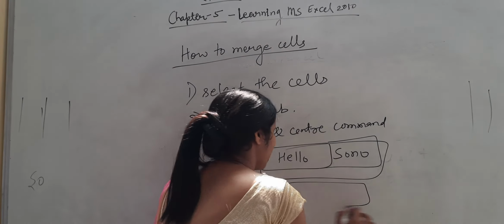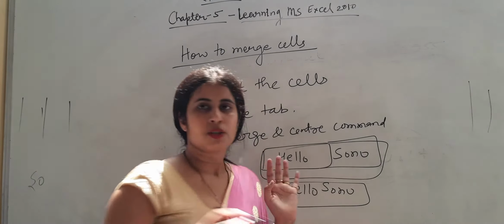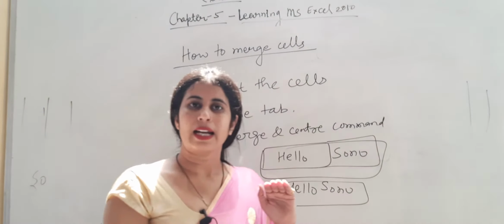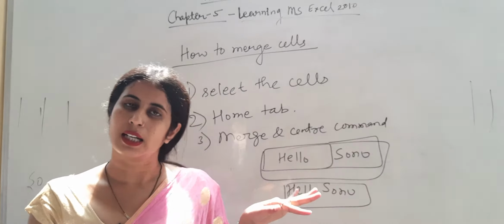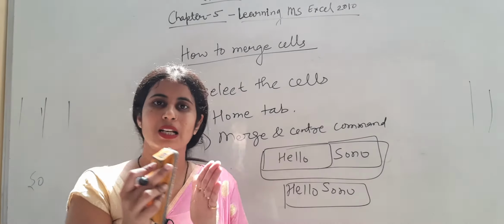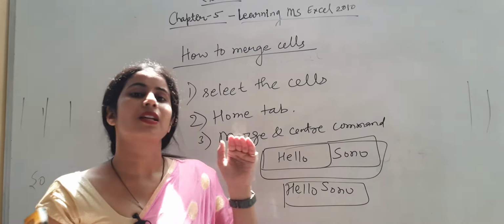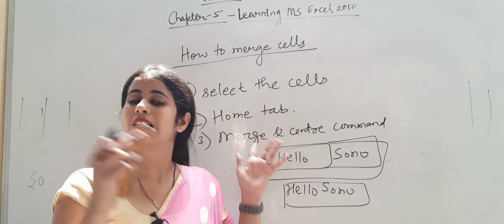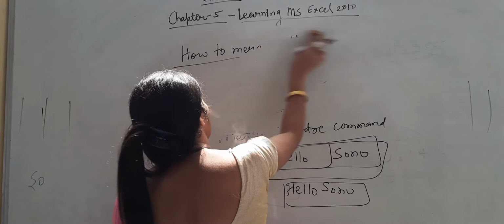So they will appear in this form: Hello Sonu. So in this way the content will get changed. This is known as merging. Cells were 2. Now we have merged them and converted these two into one. It is known as merging.